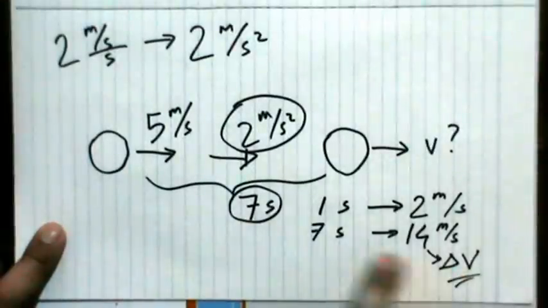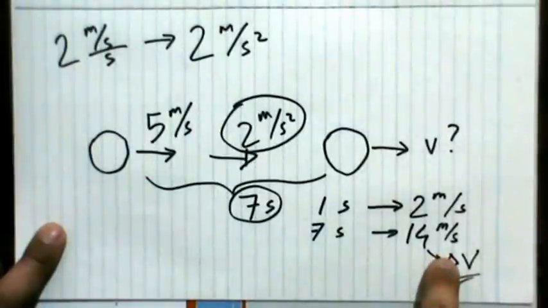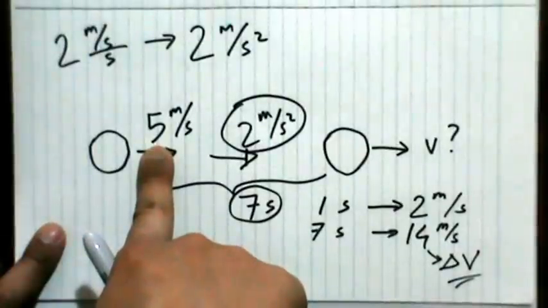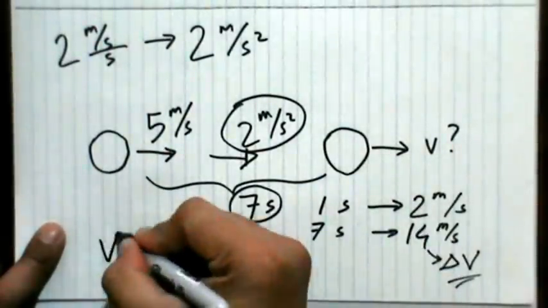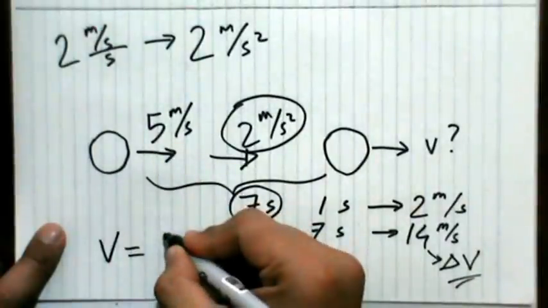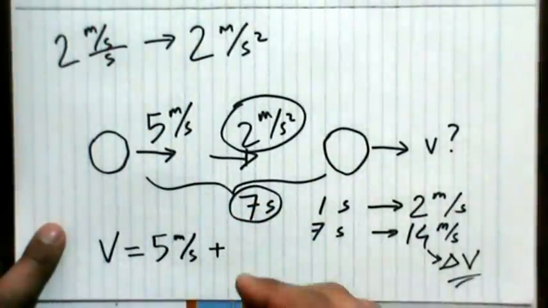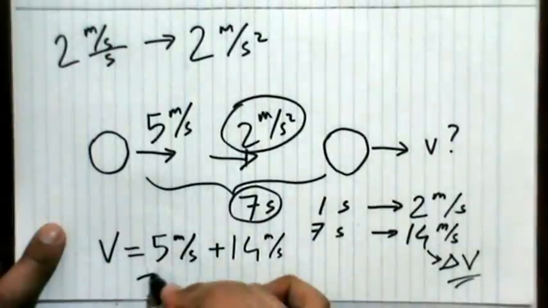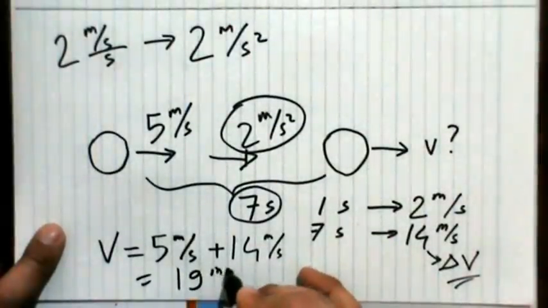Now, if this object has an increase of speed of 14 meter per second after 7 seconds, and its initial speed is 5, then the final speed will be the initial one plus the increase of speed 14. So its final speed will be 19 meter per second.